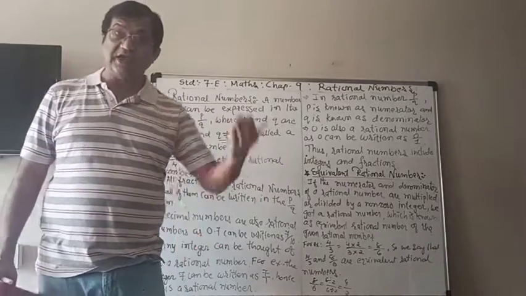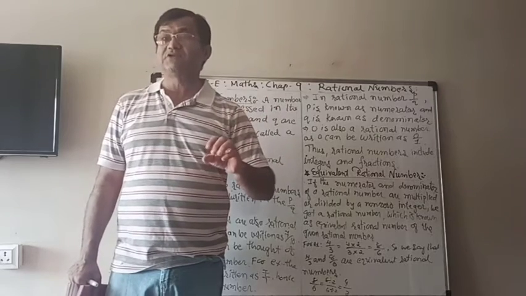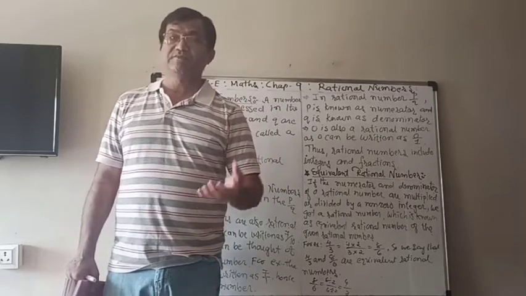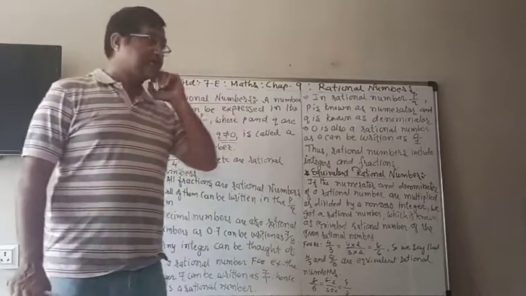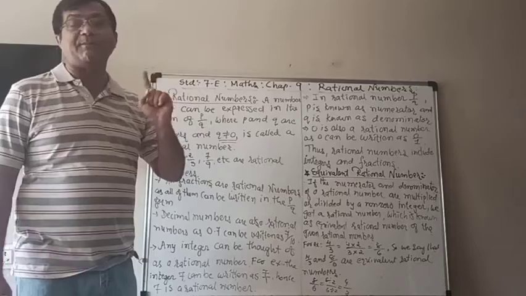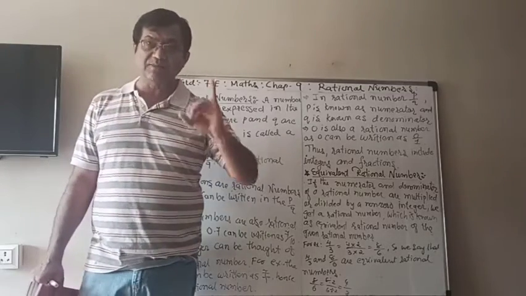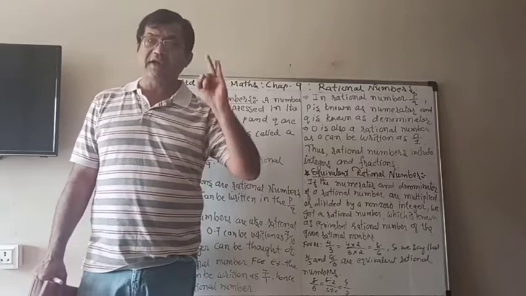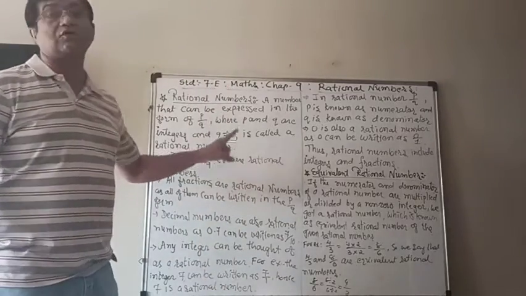In this situation, we need other numbers. So we include the fractions along with the integers, and then it can be written in the form p upon q. And as I told you, p can be positive, negative, or 0. But the condition is that q is not equal to 0.